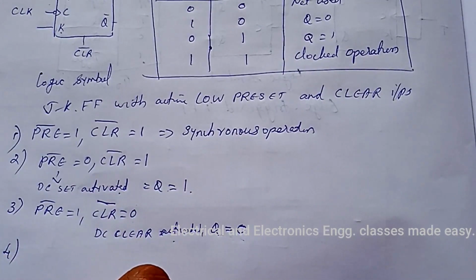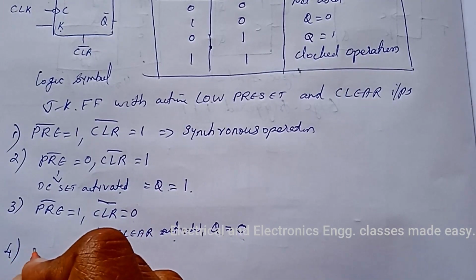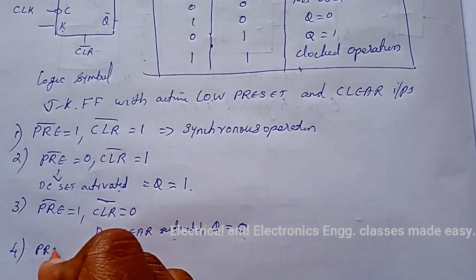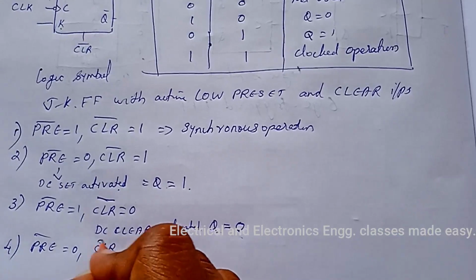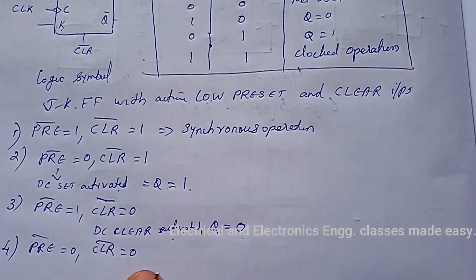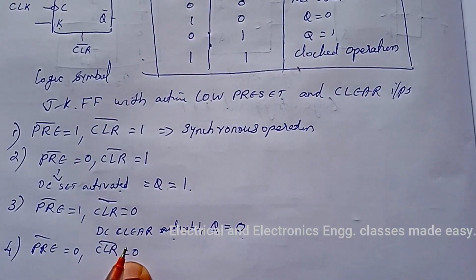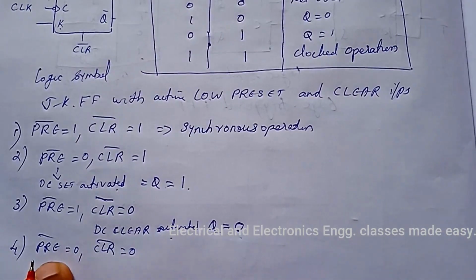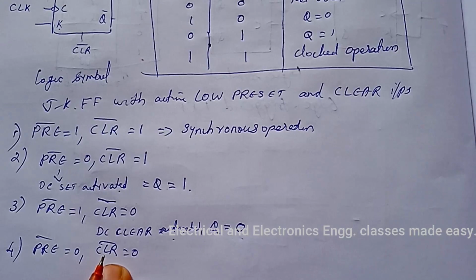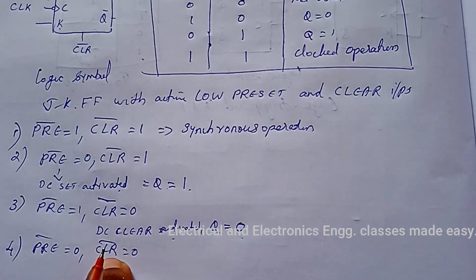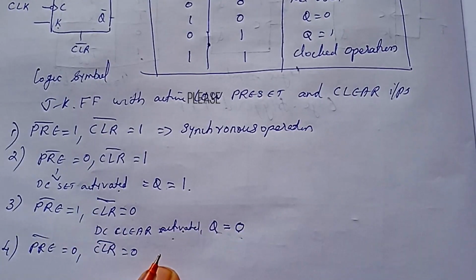And the fourth condition is when preset bar equal to 0 and clear bar equal to 0. That is when both are equal to 0, that is DC set is equal to 0 and DC clear equal to 0. So this condition should not be used since it can result in an invalid state.